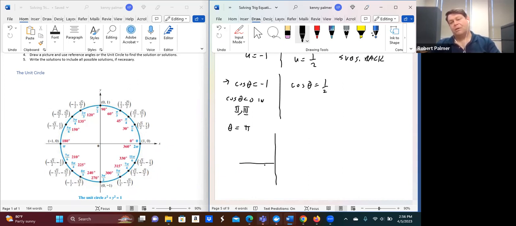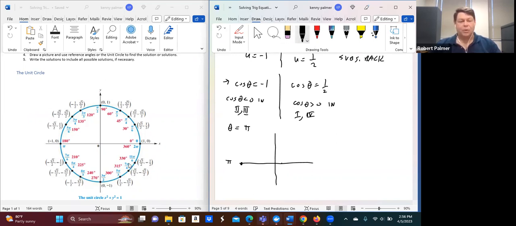All right, so we draw this. We have one solution at pi for this part. Now over here, this one is positive, so cosine theta is positive in quadrants 1 and 4. Okay, so look for where cosine, or the x-coordinate, is 1/2 in quadrants 1 and 4.